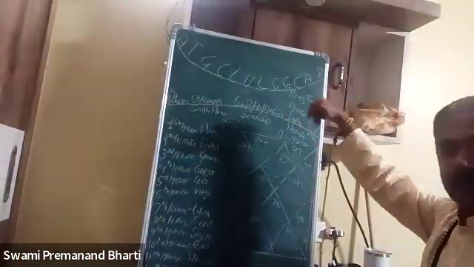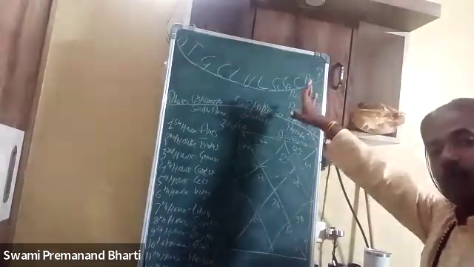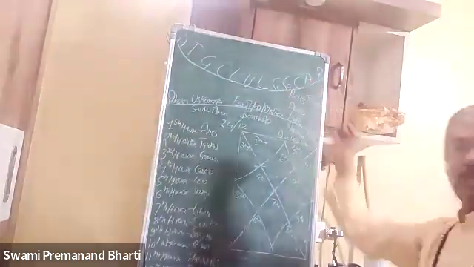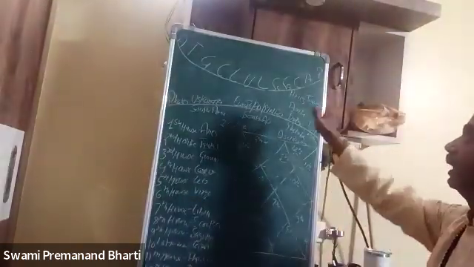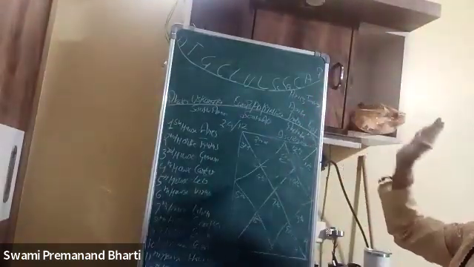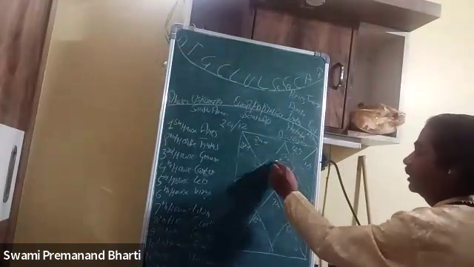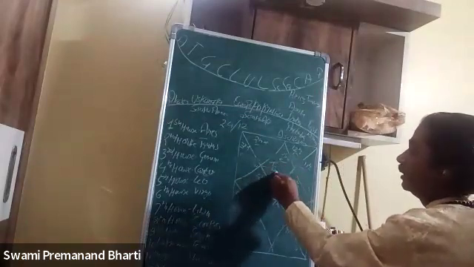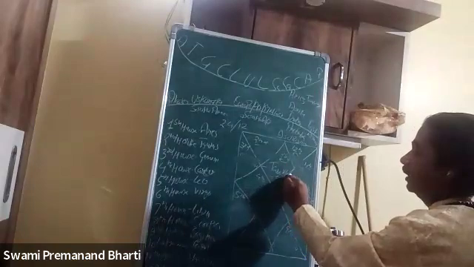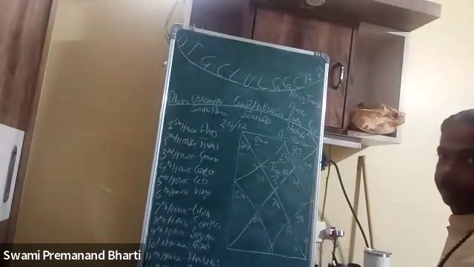So at 8 a.m., India was in front of Aries. Now at 10 a.m., after 2 hours, India will be in front of Taurus. So if a child takes birth at 10 a.m., this child will have Taurus sign in the ascendant, number 2.